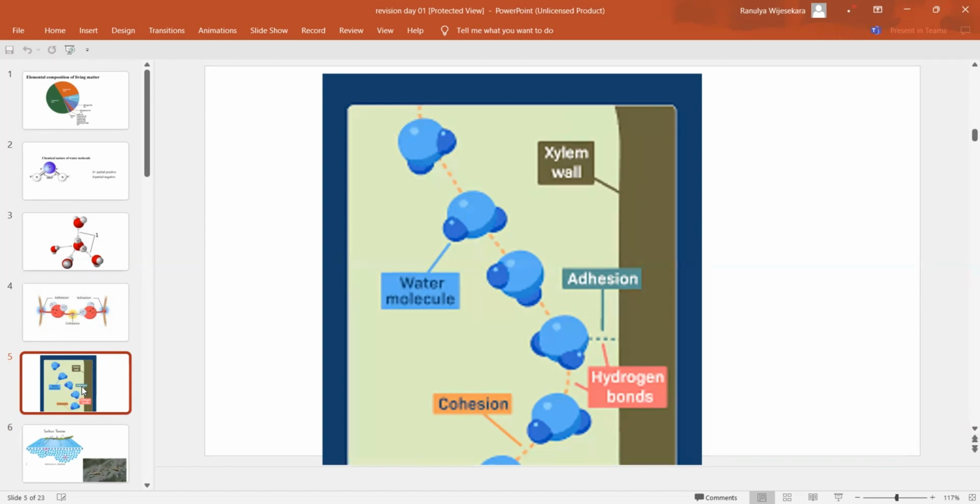Then, due to cohesion between water molecules, water and dissolved substances, such as minerals, can transport as a continuous column through the xylem against gravity. Due to cohesion, highlight that word.